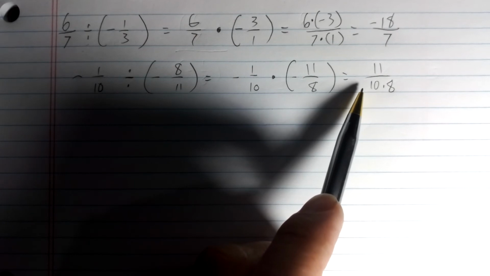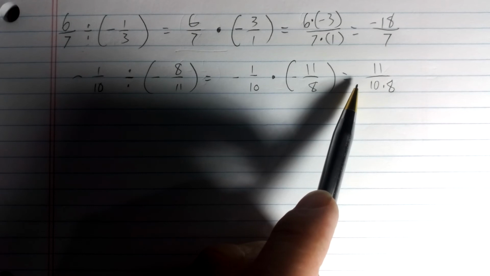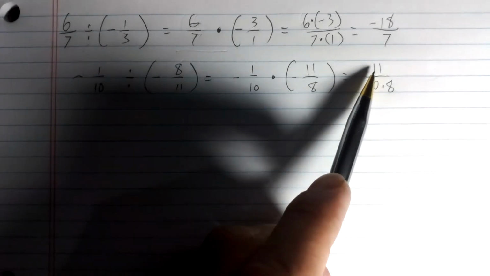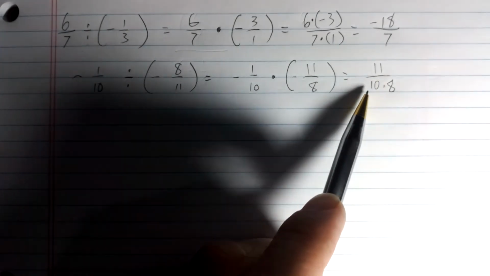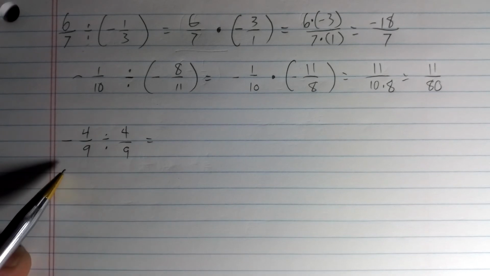I'm not going to be doing that anymore for you, so hopefully you've caught on to that trick. Two negatives are going to give you a positive. Now I just have 11 divided by 10 times 8. Nothing can be canceled, so my final answer is 11/80ths.